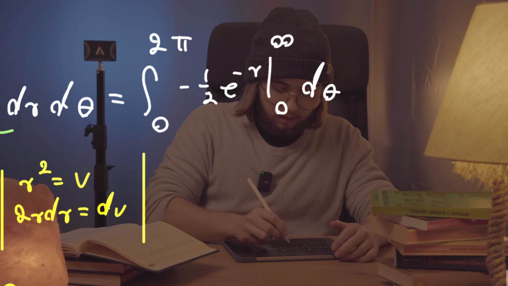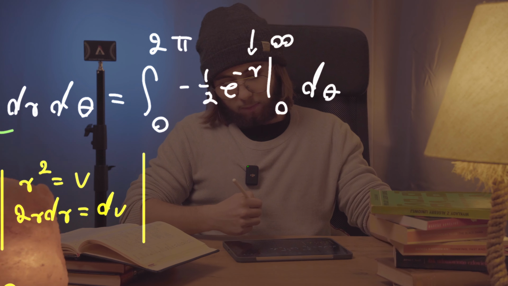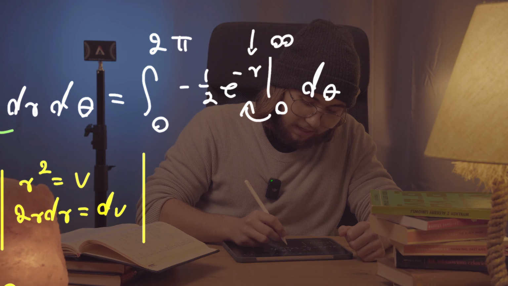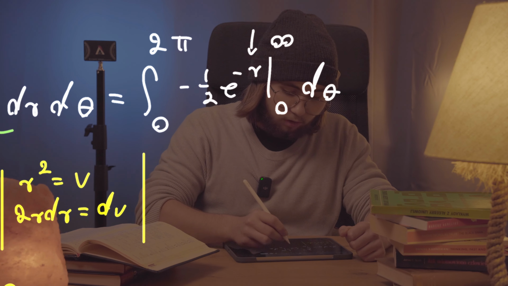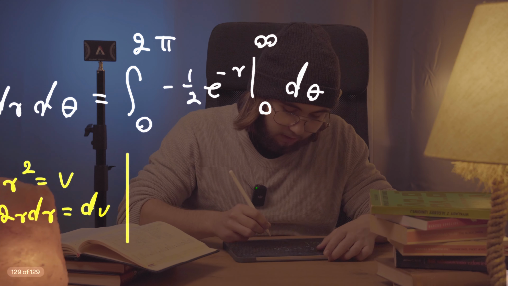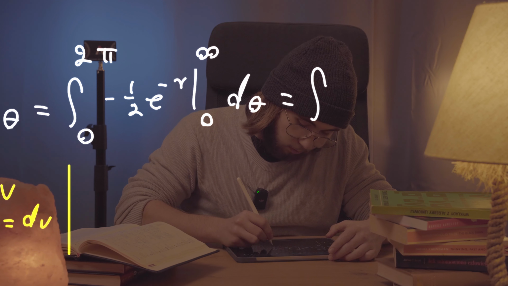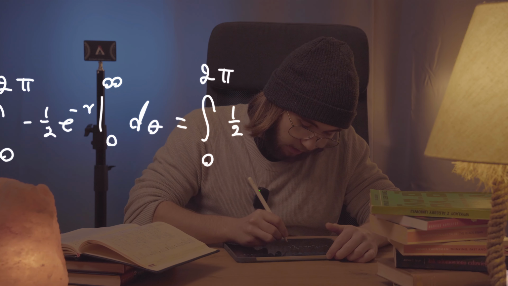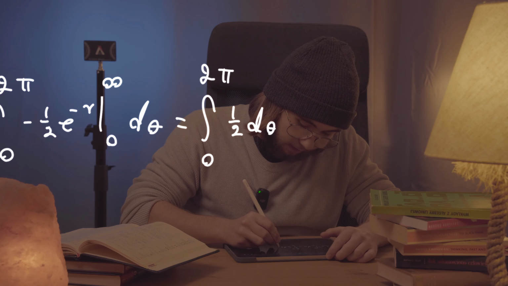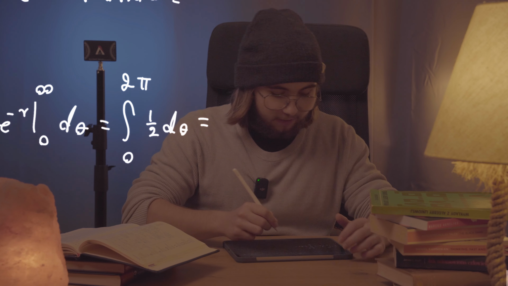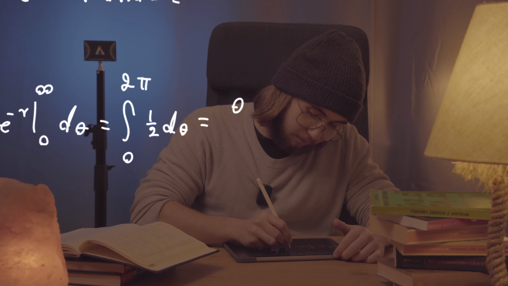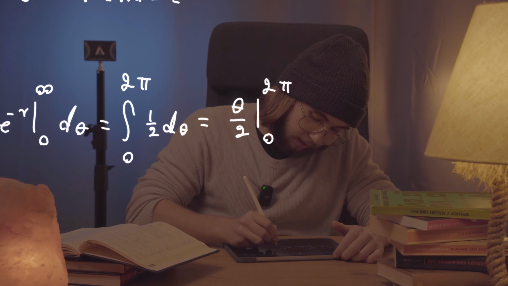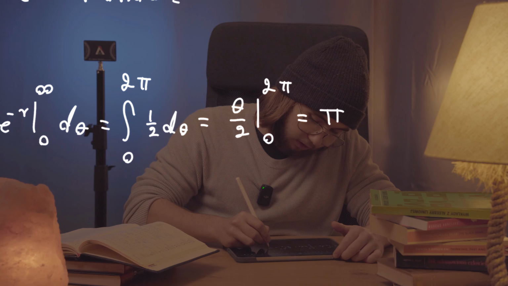But a nice thing is that as r approaches infinity, this thing will approach 0, and so this entire thing is just going to be negative 1/2 e to the 0. That's going to be negative and negative half, so that's going to give us the integral from 0 to 2 pi of just a half d theta. And that thing is just going to give us theta over 2 evaluated between 0 and 2 pi, which is going to be equal to just pi.